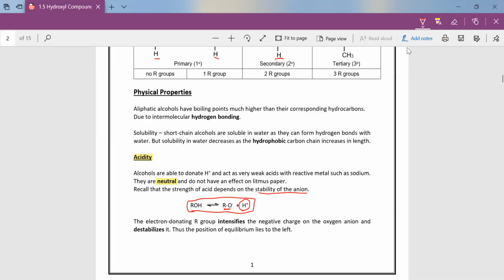In the case of alcohol, the R group intensifies the negative charge. It donates electrons to an oxygen atom that's already negative, so this destabilizes the whole anion. So the whole equilibrium tends to the left, which means the alcohol group doesn't want to dissociate normally.